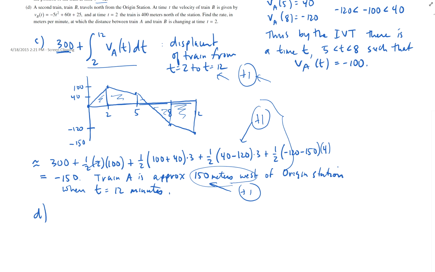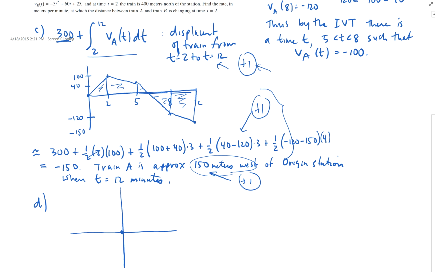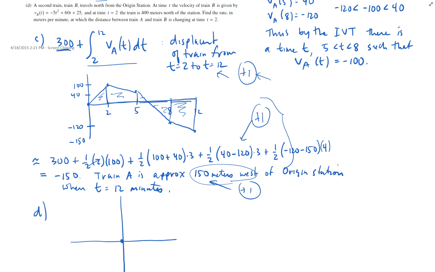So I would draw a picture on this guy. Here's the origin. Go figure, they call it the origin station. We've got train B traveling north, and it's 400 meters up here at 400 when t is equal to 2.